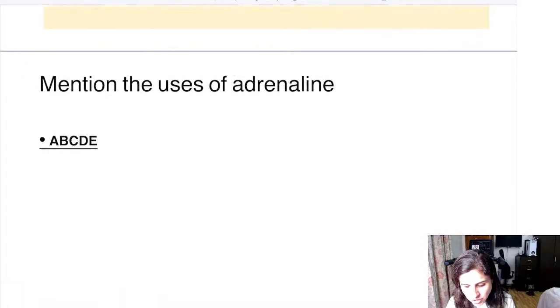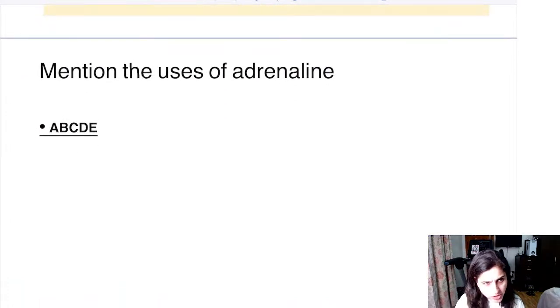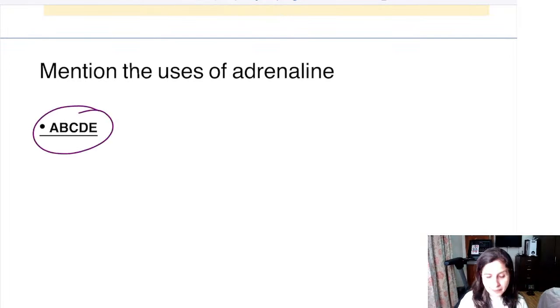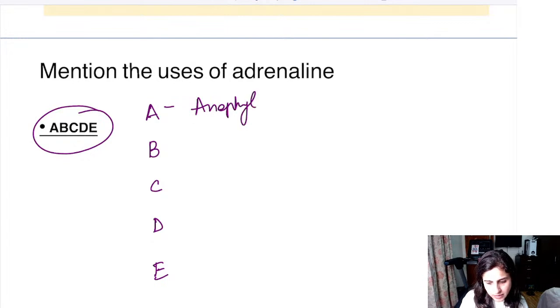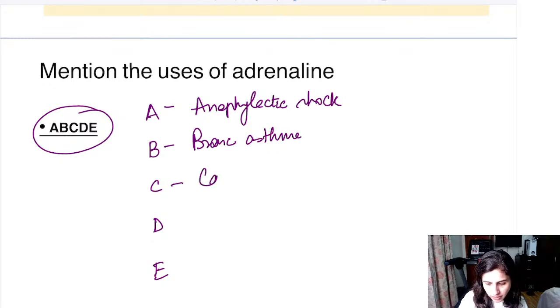Then mention the uses of adrenaline. So you should know the important uses of adrenaline. For that there is a mnemonic: A, B, C, D, E. A is for anaphylactic shock. B is for bronchial asthma. C is for cardiac arrest.